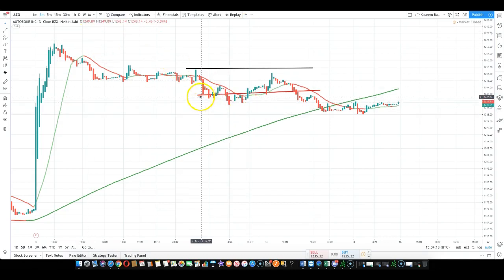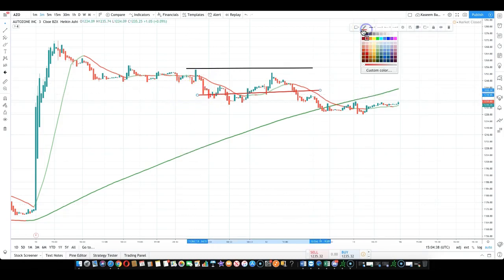So let's say you're watching this. First of all, you drew your resistance right here. That means price could not go any higher than this line. And then guess what happened? The next candle formed, and the price dropped. Now, because of the red, let me change this to a different color.